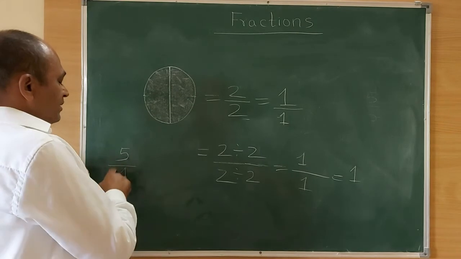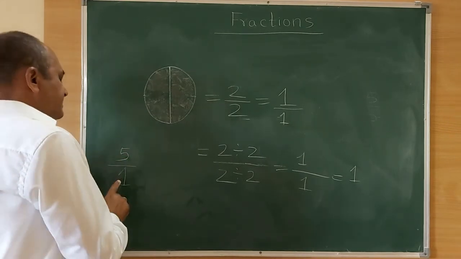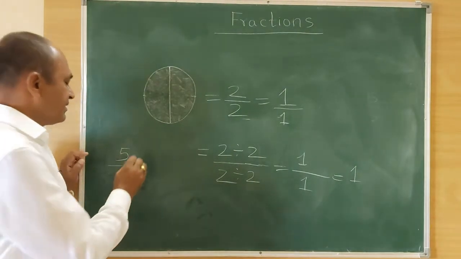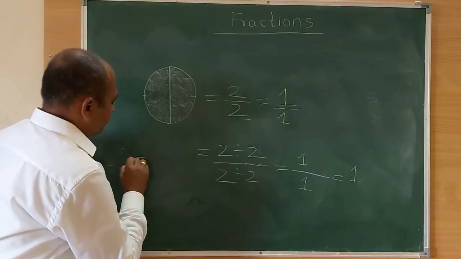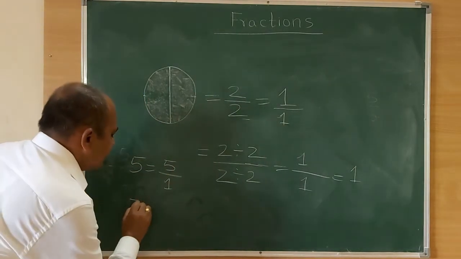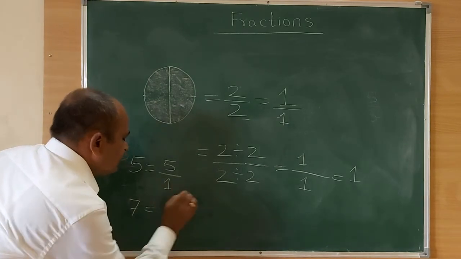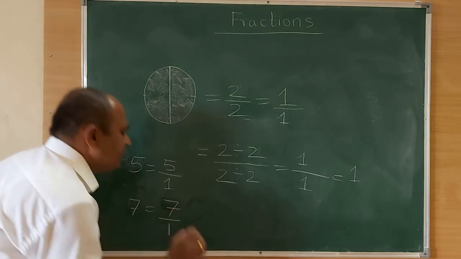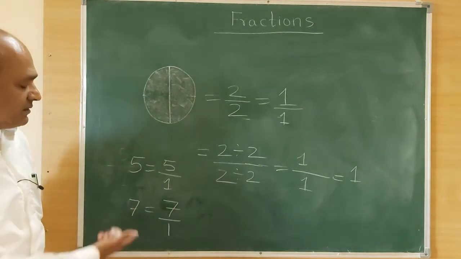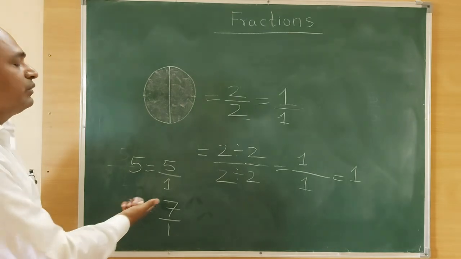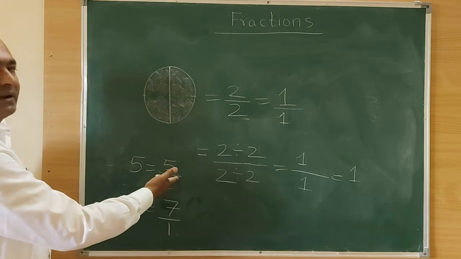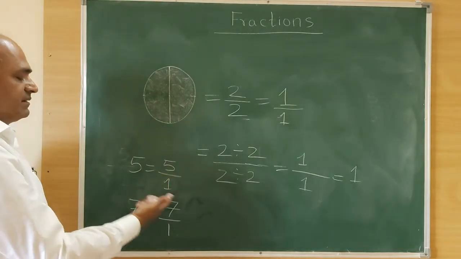We don't write it, but if only the number is there, we can write its denominator as 1. 5 can be written as 5 upon 1 also. 7 can be written as 7 upon 1 also, because 7 divided by 1 is 7. So if there is no denominator, it is understood that it is 1. We don't write it.